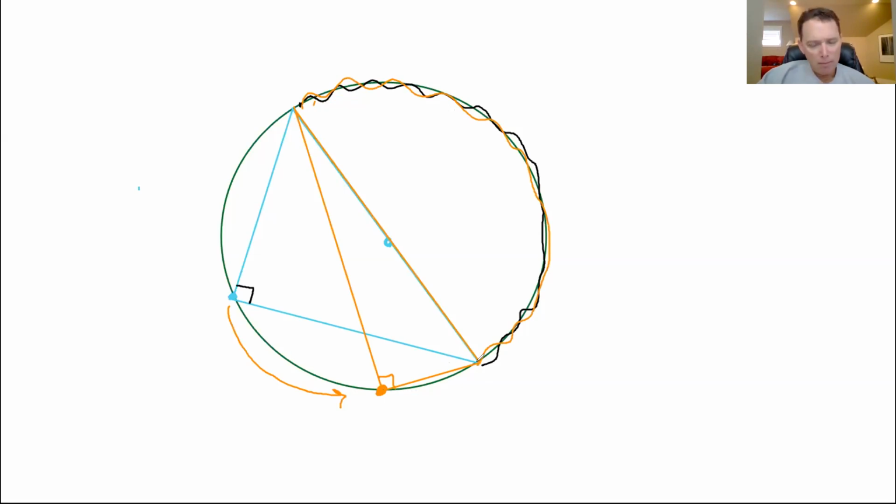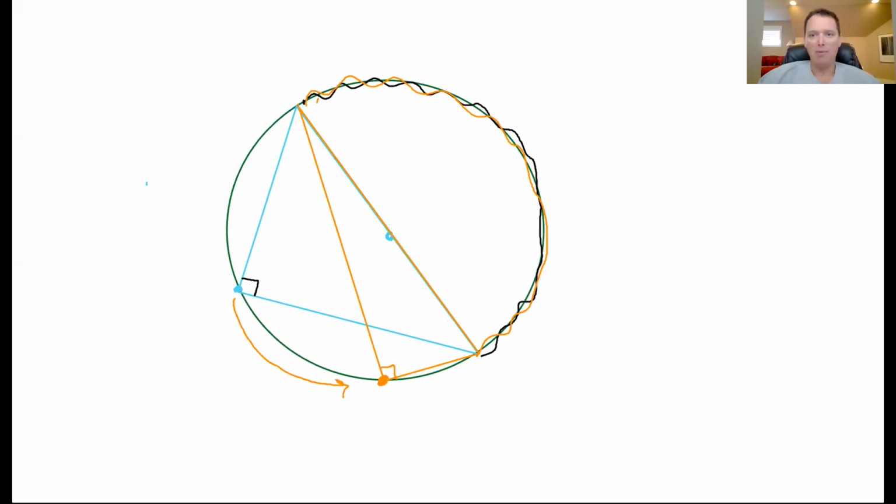So any angle formed anywhere along this side of the circle that has its endpoints on either end of the diameter is going to be a right angle. That's kind of the idea. I think it's kind of cool. I mean, you don't think it's going to happen, but it happens.